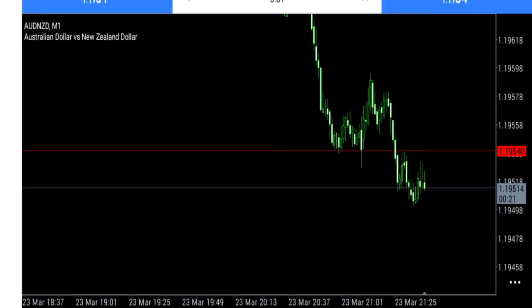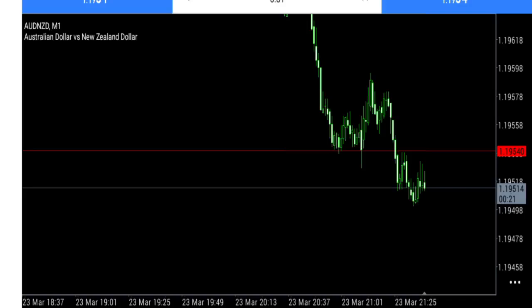Now look at the green line that is showing the price of 1.19514. This is Australian dollar against the New Zealand dollar. Now look at the bid. The bid price is the one showing red, which is where you're selling from, okay? And it's at 1.19540.